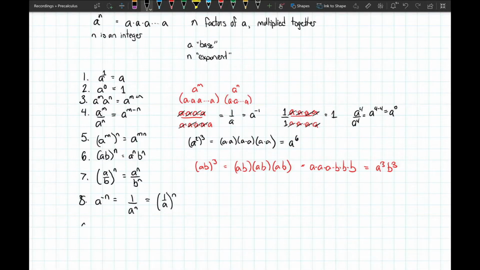Okay, rule number 9 is just applying a couple of the other properties that we already have together. If you have a quotient, a over b, to a negative power, rather than necessarily just distributing the minus n onto the top and bottom, into the numerator and denominator, what I can do is apply rule number 8.